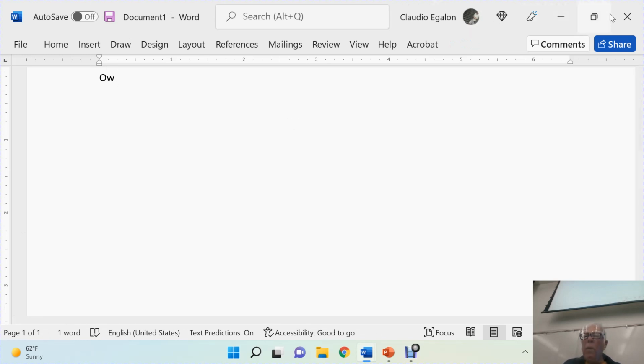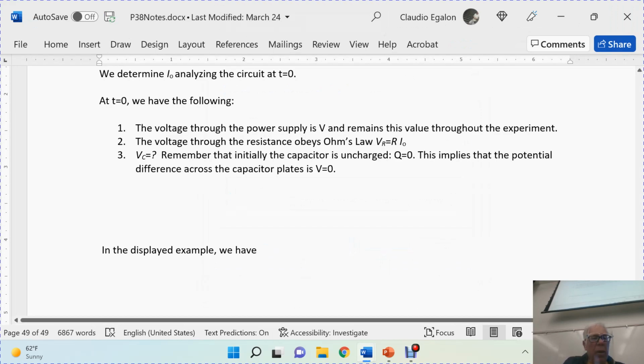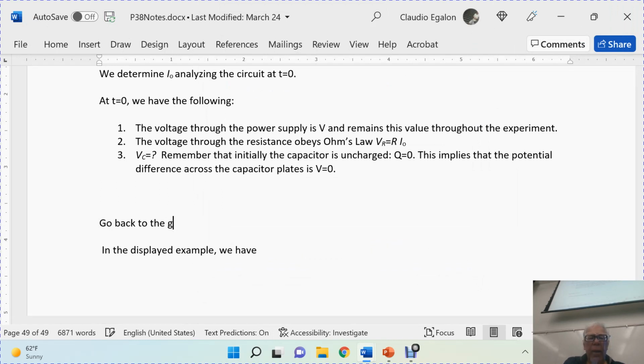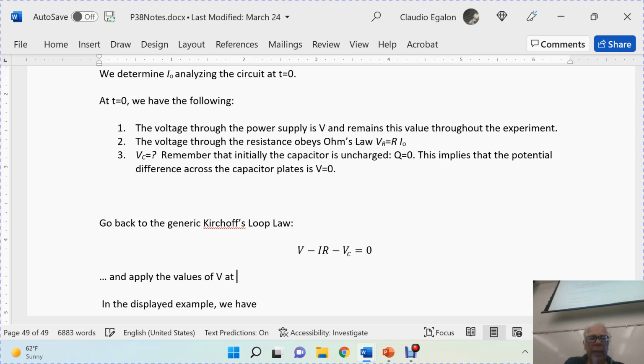Go back to the generic Kirchhoff loop law, and apply the values at t equal to 0.